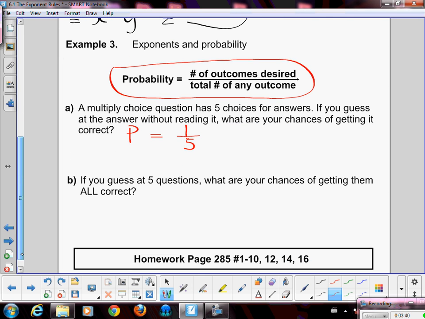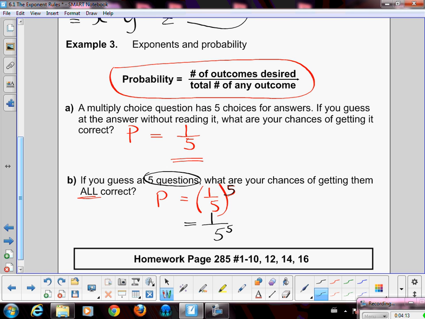So now, if you guess at 5 questions, what is your probability of getting them all correct? Okay, so I'm doing this 1/5 five times. So the probability here would be 1/5 to the power of 5 because we have 5 multiple choice questions. 1 to the power of 5 is still 1, and 5 to the power of 5 is quite a large answer.